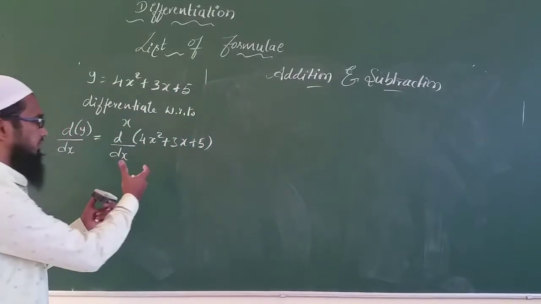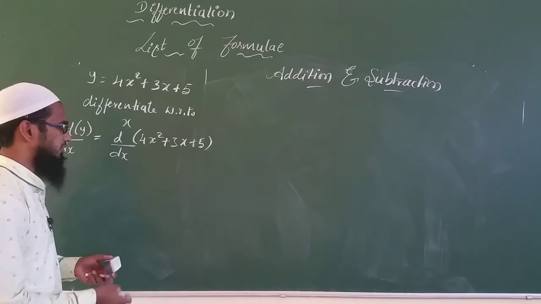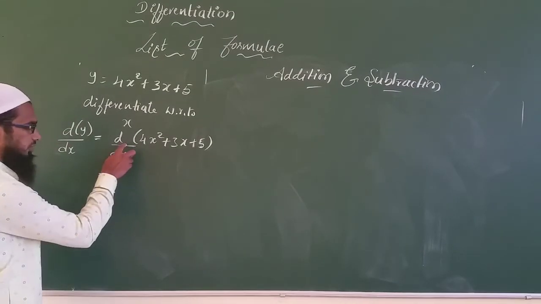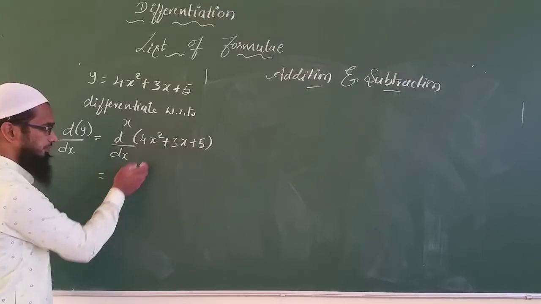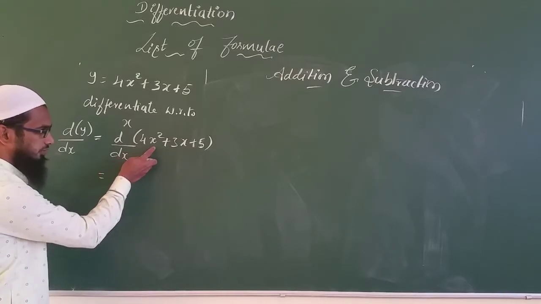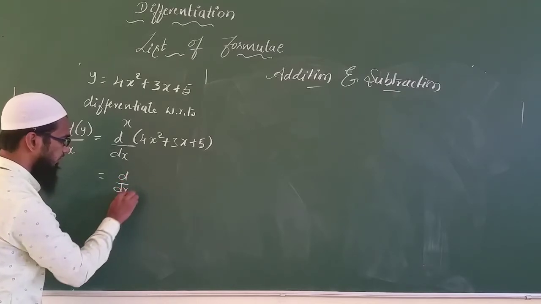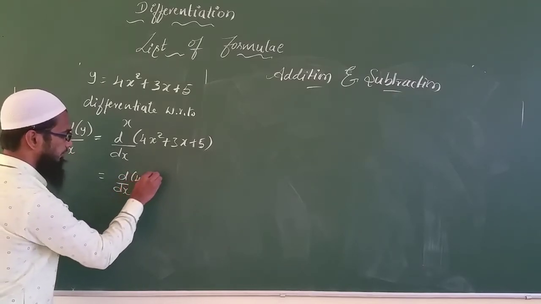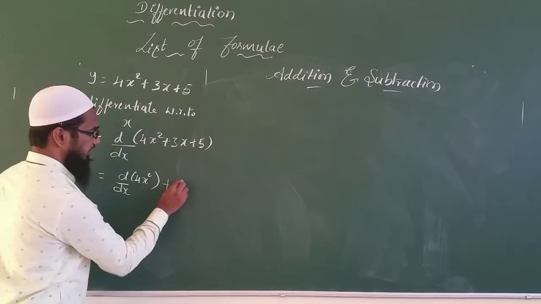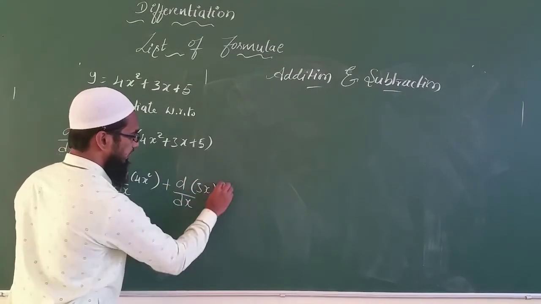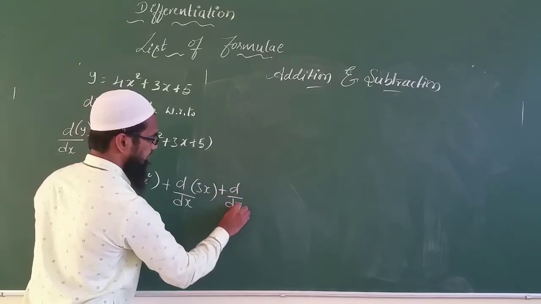This is a few simple examples related to addition. So I have to take the differentiation separately for all the terms. So it becomes d by dx of 4x square, plus d by dx of 3x, and d by dx of 5.